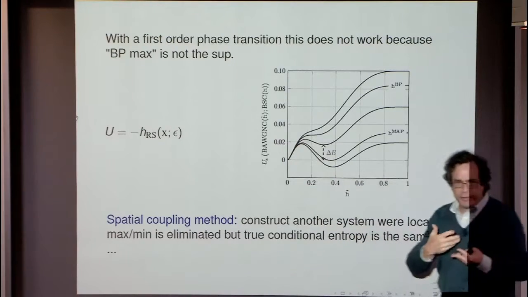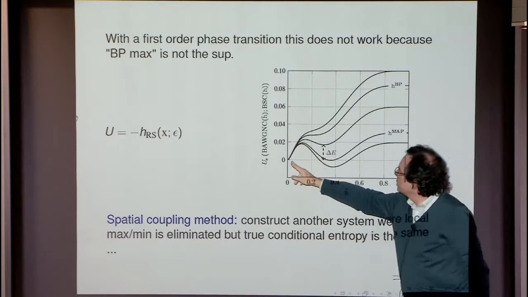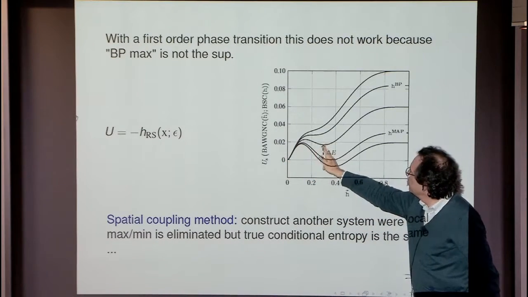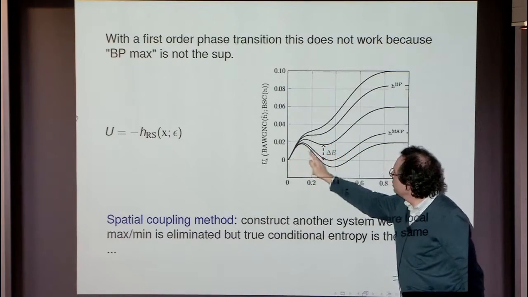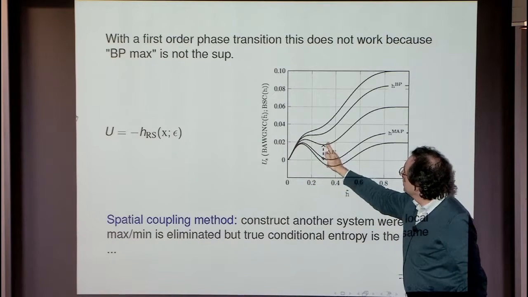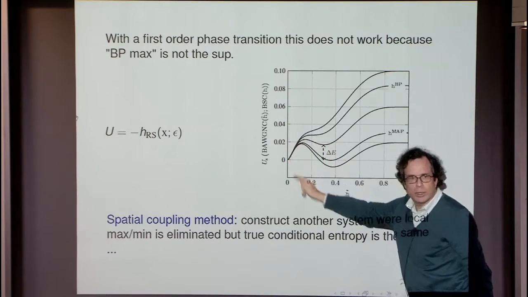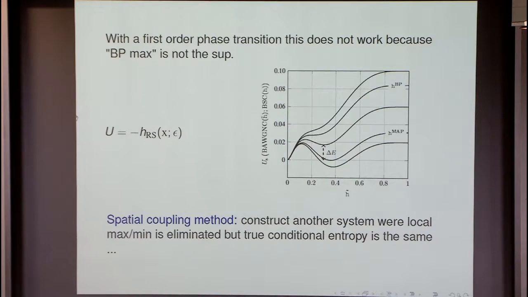So your effective energy here is a convex combination of this point and this point. Okay, so you have effectively a convexification of this potential, and so you can always find the correct minimum. That's also one way to think about the problem, and that's called the Maxwell construction in physics.